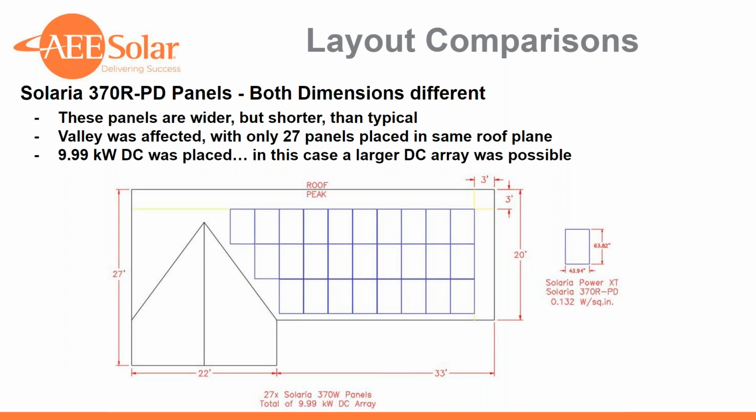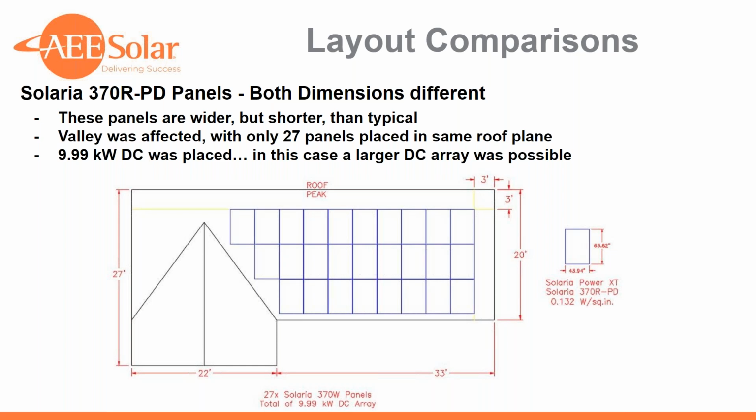I mentioned a few times we didn't cherry pick this design. To be honest with you guys, I would love to have had an example where, in this instance, you're able to fit a larger DC array.